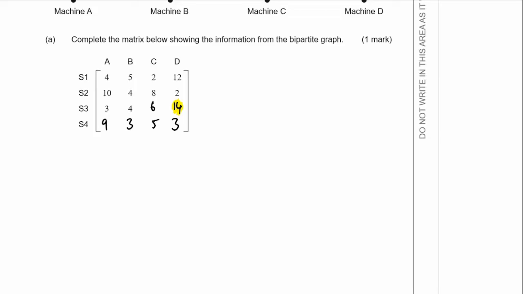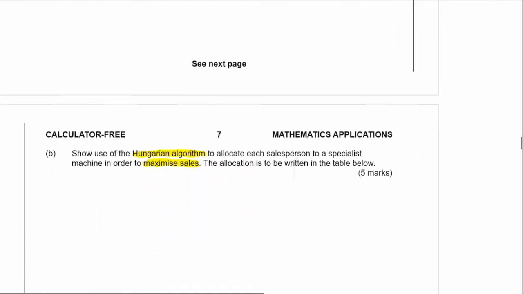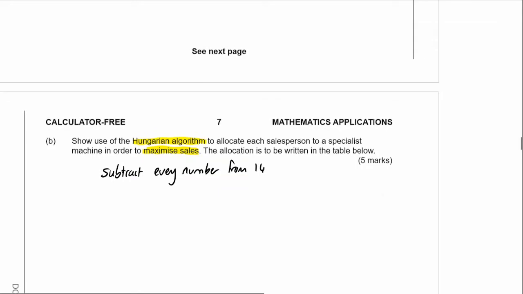And we're going to subtract every number from 14. That means that 14 will have a value of 0, because 14 minus 14 is 0. And when we use the Hungarian algorithm, we will minimize those. And the minimum value will actually give us the maximum value. All right, so let's just go, and I'm just going to do it up here, and I'm going to sketch it down there.